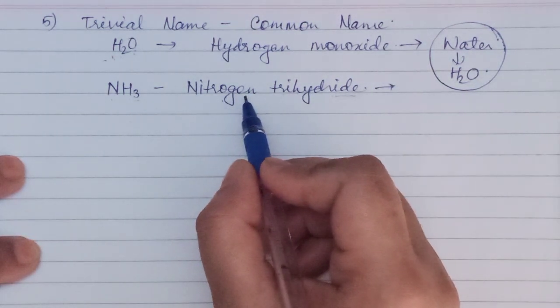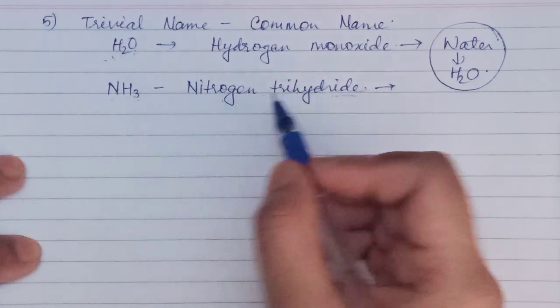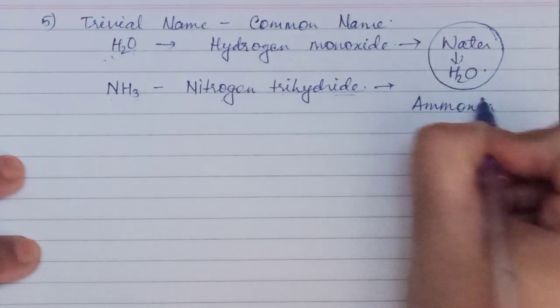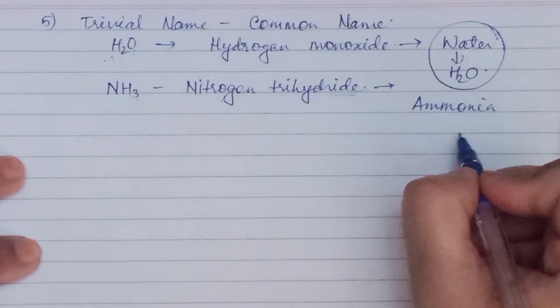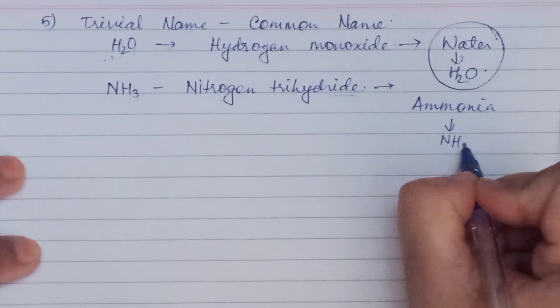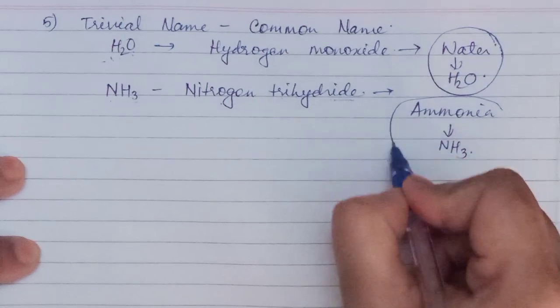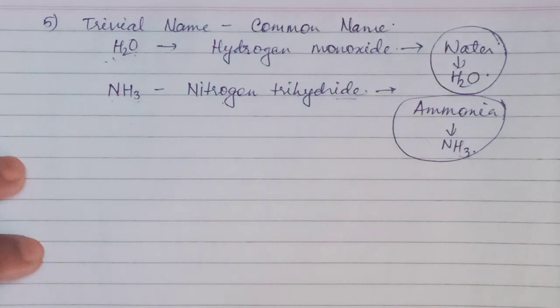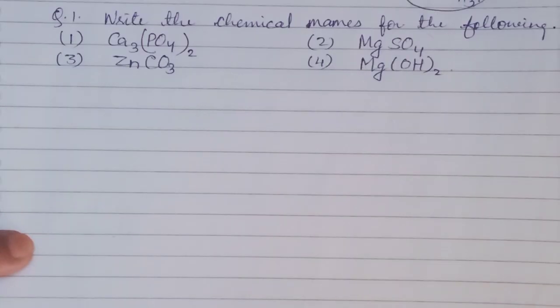We use ammonia for NH3. Ammonia is the common name for NH3. That's why it is a trivial name or common name. It is accepted all over the world.